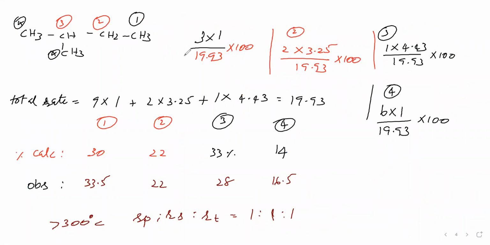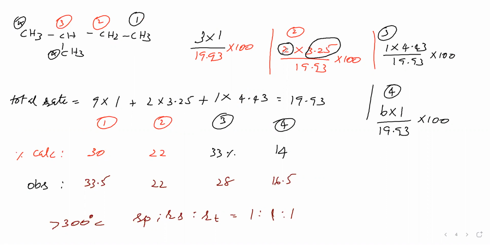For chlorination, what we have said here, you see this number 2 is called the number of hydrogens. This 3.25 is called the rate of chlorination for secondary hydrogen.